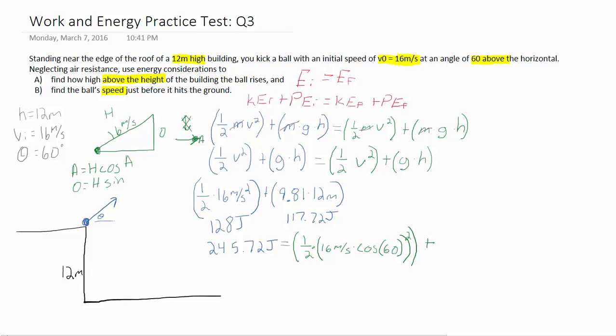And then plus gravity, which we actually know what gravity is. So we can do 9.81 times height. Okay, so let's solve this right here.